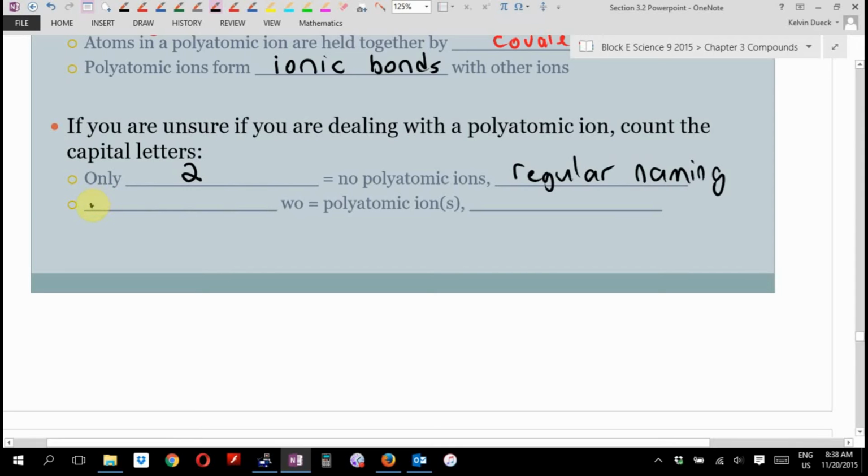If there's more than 2, it's a polyatomic ion. In which case, you're not going to use the IDE rule. You're going to use the name that's on the back of your pink sheet. Use name on sheet.